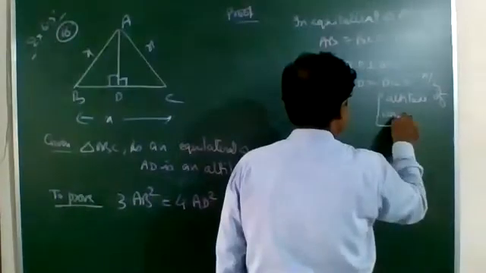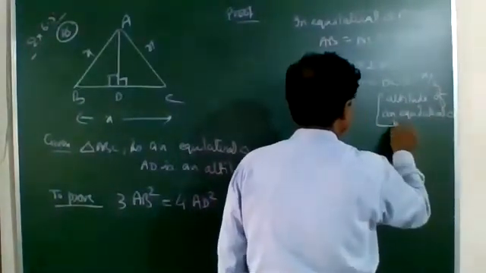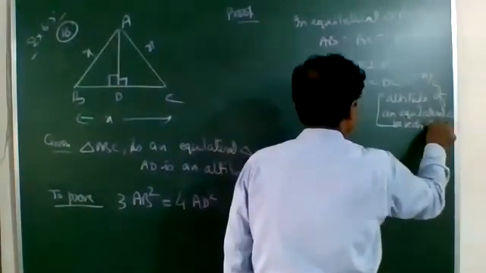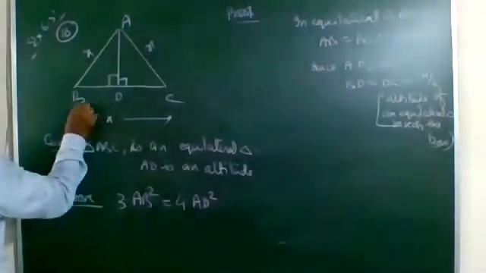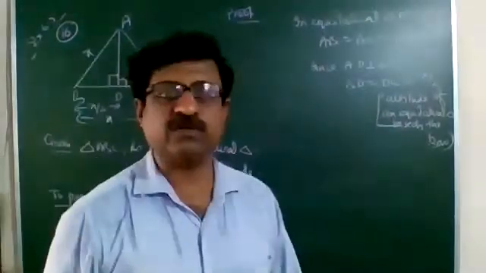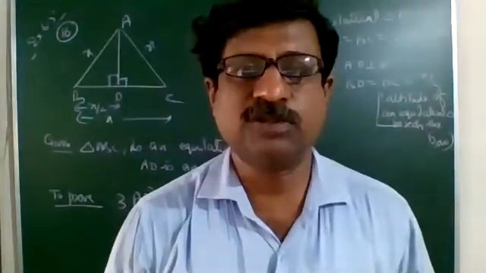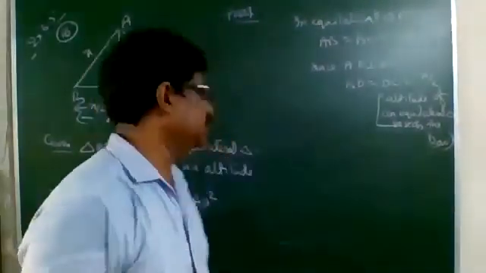If you have any difficulty, you can prove it by congruency also. Both triangles are congruent, and by CPCT BD equals DC.